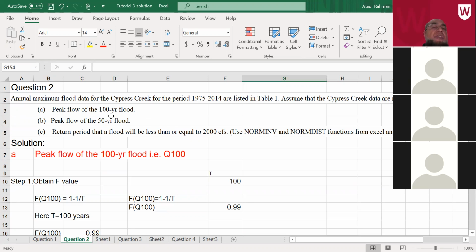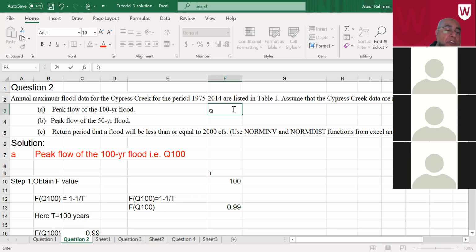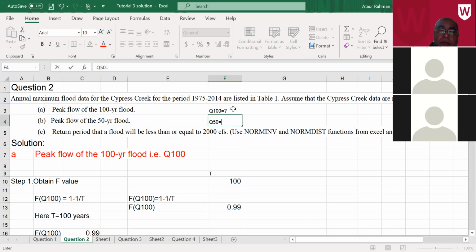Find the peak flow for 100-year flood and 50-year flood. We want to find out basically Q50, and we want to find out Q100 equals how much. And also we want to find out Q50, how much for this data.